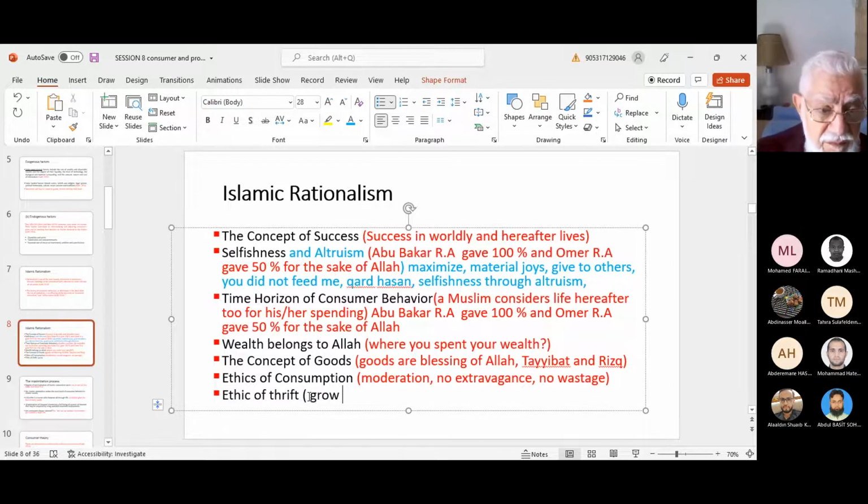So this kind of ethics is thrift, but not niggardliness, not being niggard, not being bakhil. The bukhl is very much condemned in Islam, whether for oneself or for others. And at the same time, generosity is praised.